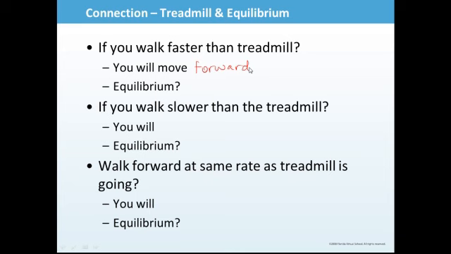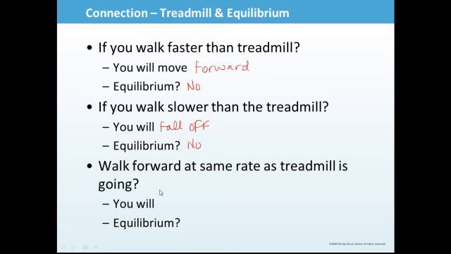So does this sound like something that would be at equilibrium? No, it is not equilibrium. If you walk slower than the treadmill, you will probably fall off, right? Because if you walk slower than the treadmill, then you're going to end up going backwards and you're probably going to fall off. Does that sound like equilibrium? Absolutely not.